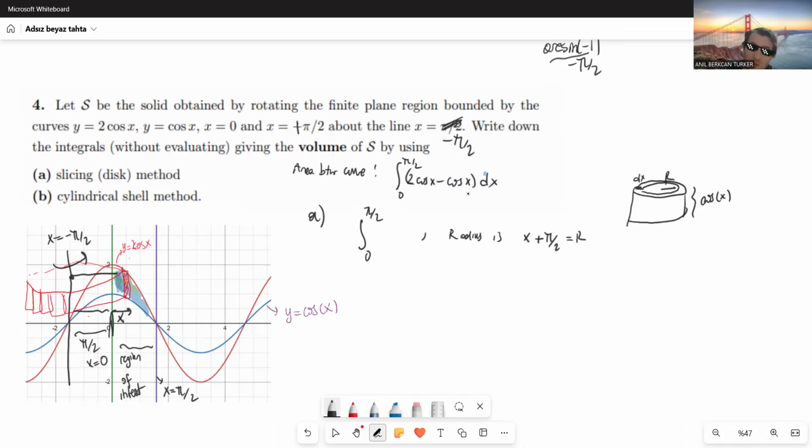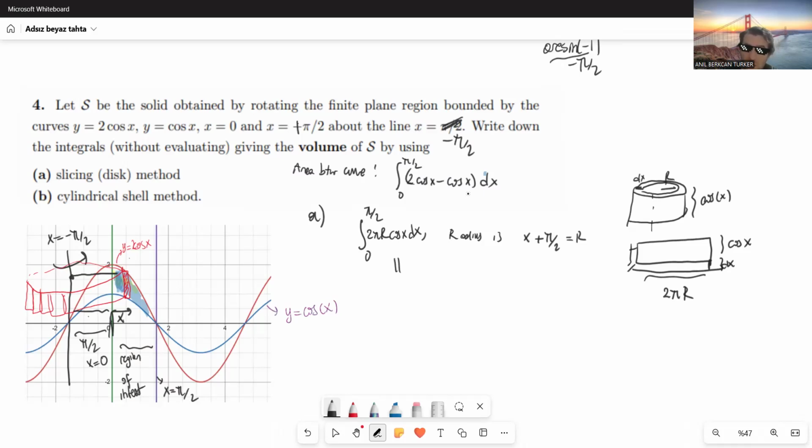So this volume is, when you cut it open, you will have this kind of longer shell, or the expansion of this shell. This is dx, this is cosine x, and this length is 2 pi r, the circumference of this circle with radius r. So it's like 2 pi r cosine x dx.